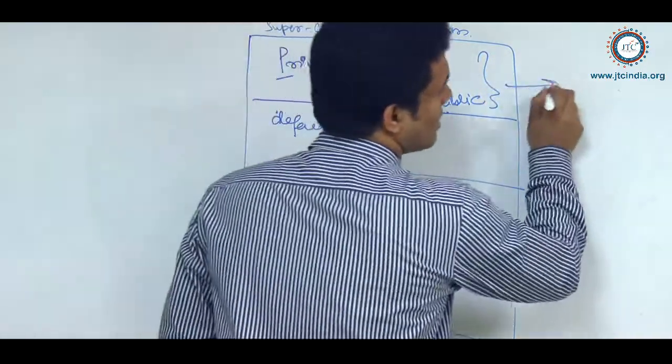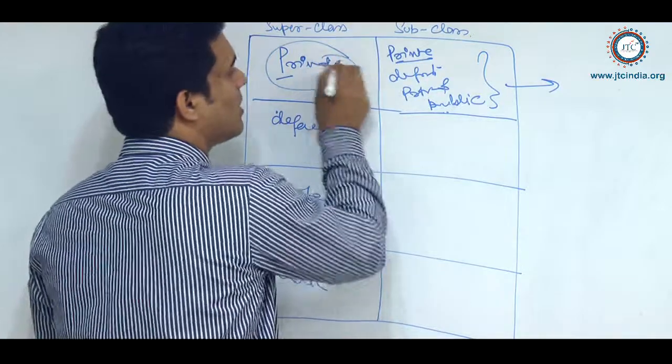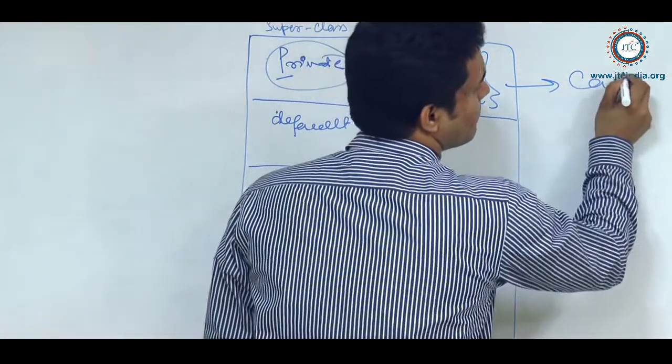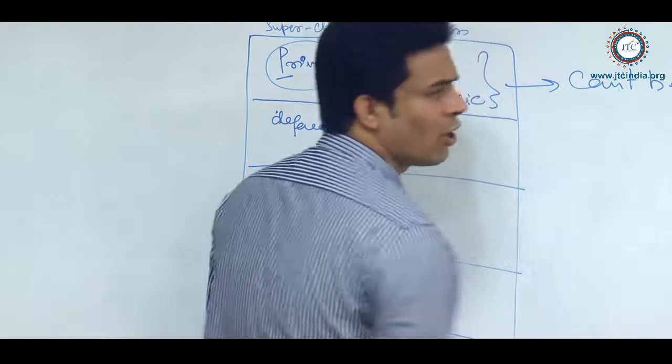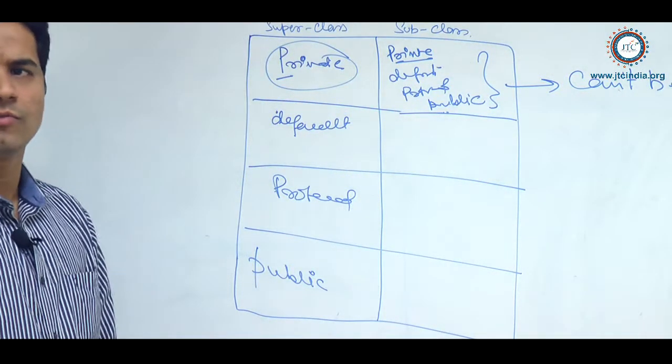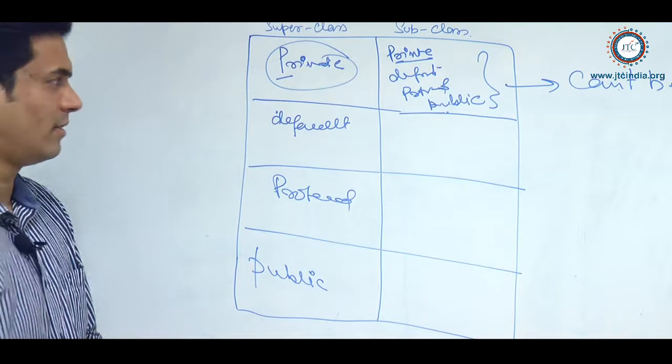Although we don't say that, what we say is that the private method can't be overridden. The private method which is there, we cannot override that method.